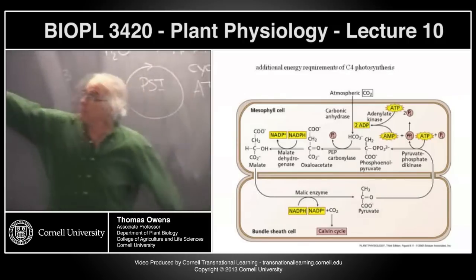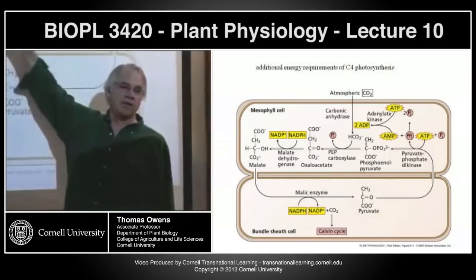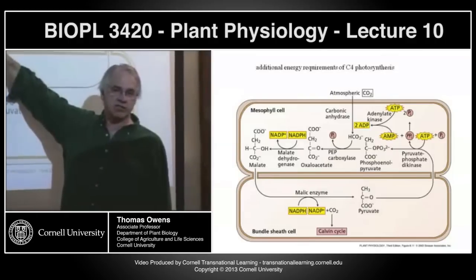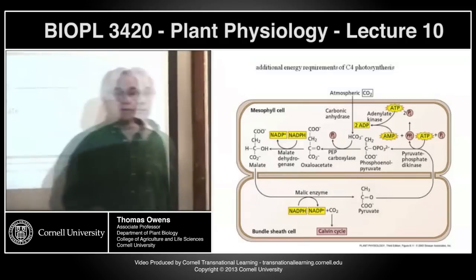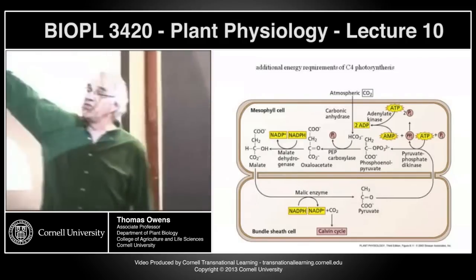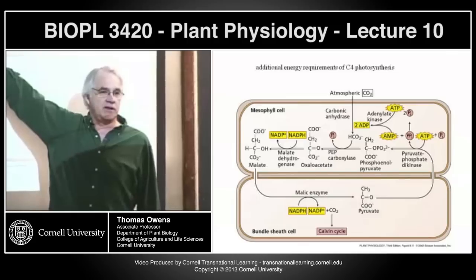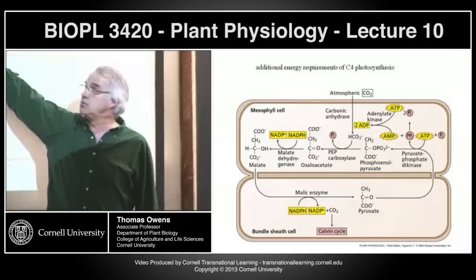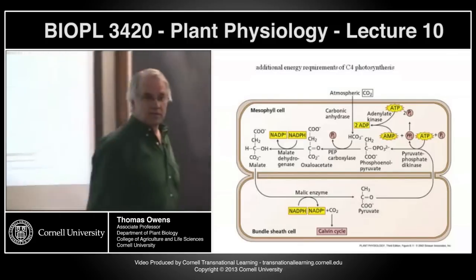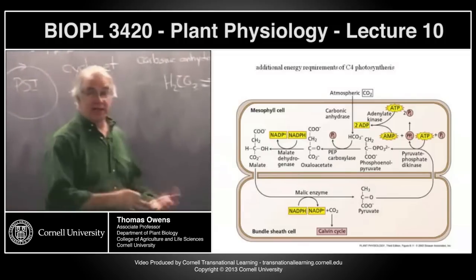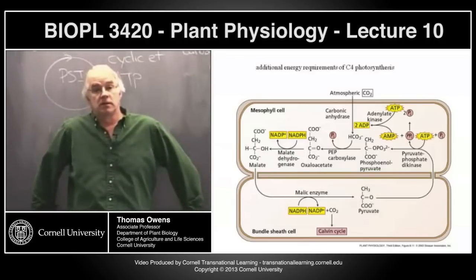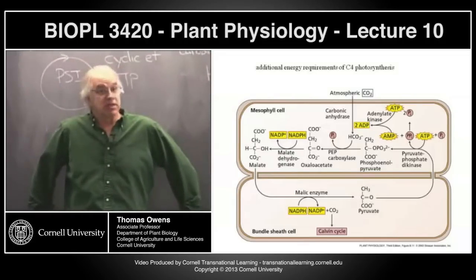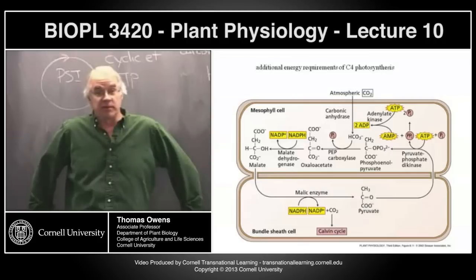So PEP carboxylase can lower the internal CO2 concentration in the cells and inside the leaf much more than Rubisco can. It has 1,000 times higher affinity for CO2 than Rubisco does. That's why C4 plants can do photosynthesis with their stomates mostly closed, while C3 plants can't.